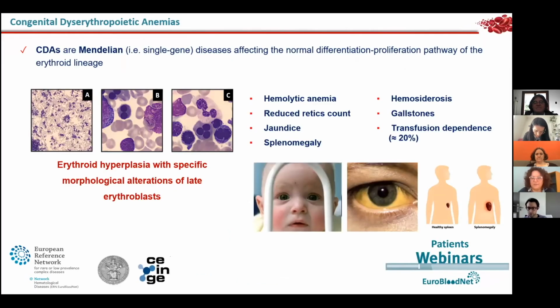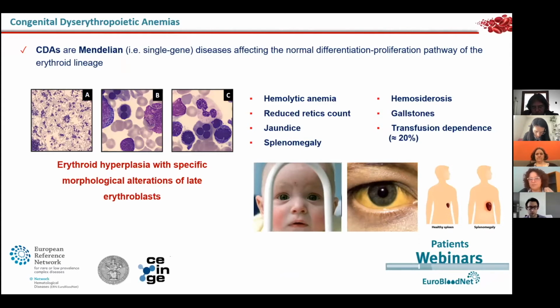And as already described and explained in the previous presentation, CDAs are rare genetic diseases. They are also termed Mendelian disorders, because this means that they are caused by, as already listed, mutation in a single gene.